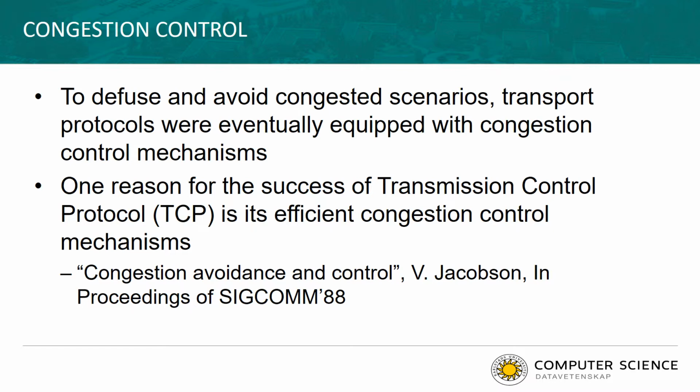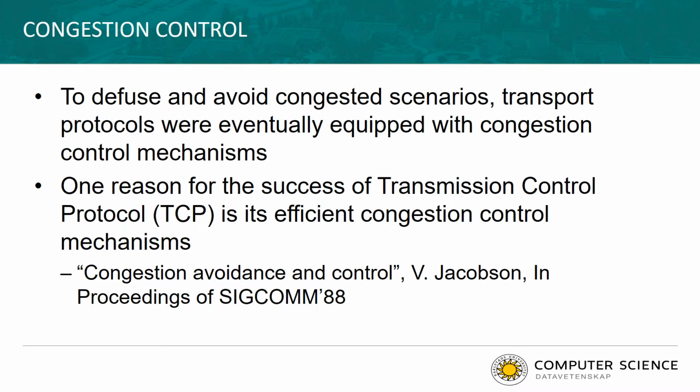And of course, the concept of congestion control was then developed to try and deal with this problem. So the goal of congestion control is to remedy and avoid congested scenarios. So the transport protocols today are all equipped with congestion control mechanisms. And the dominant transport protocol on the internet, TCP, Transmission Control Protocol, has been very successful, and it's clear that one of the reasons for this is its efficient congestion control mechanisms, and that is how it has been able to manage the many flows that may go over the network.